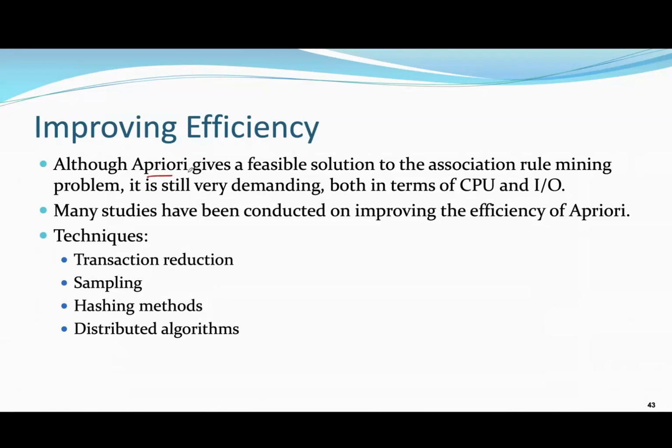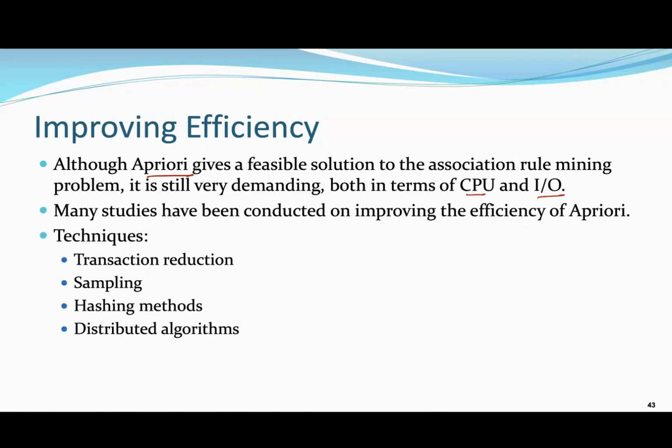So as I said, although a priori gives a feasible solution to the association mining problem, it is still very demanding, both in terms of CPU time and also I/O cost. Now, the reason why the a priori algorithm is very CPU intensive, you have to do a lot of computations, comes mostly from support counting.